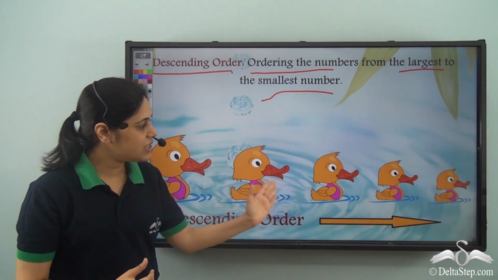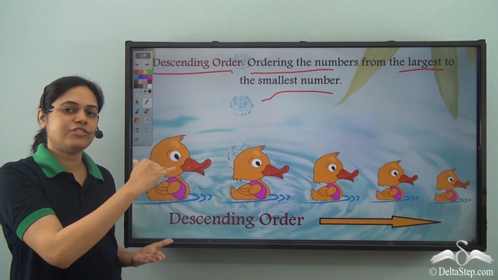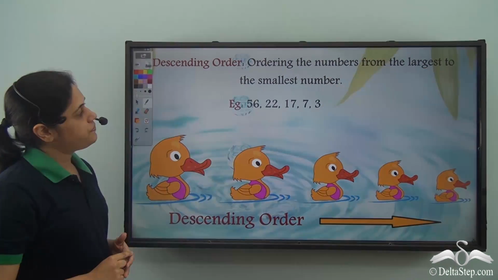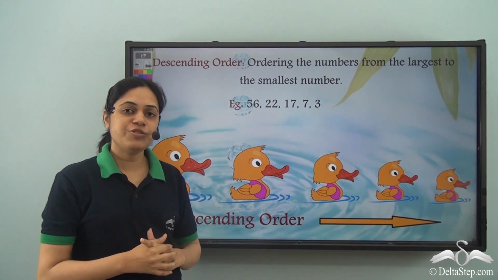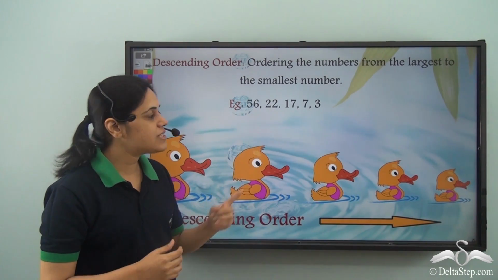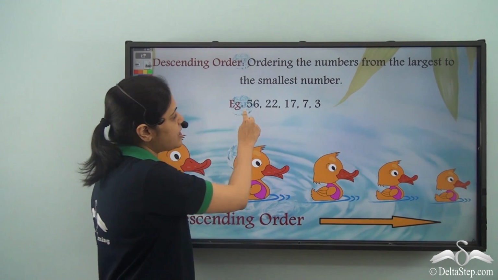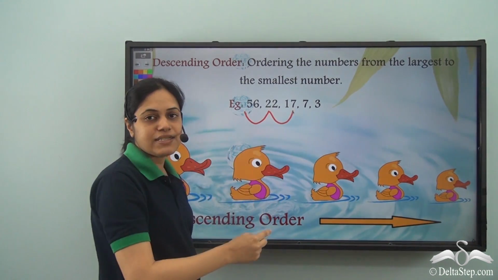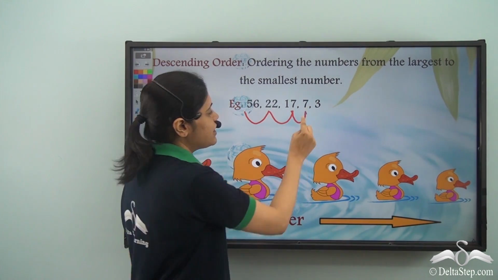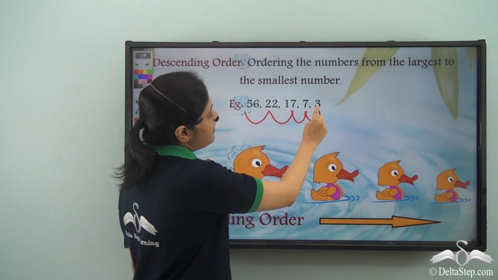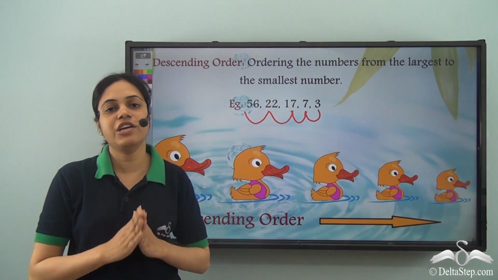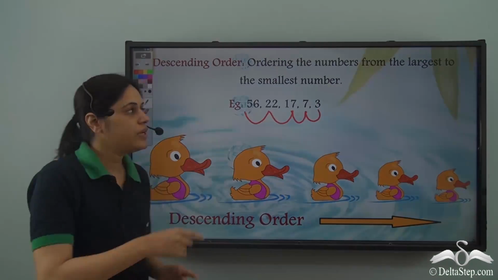Like, see, these ducks arranged from the largest to the smallest duck. So, 56 is bigger than 22, 22 is bigger than 17, 17 is bigger than 7, and 7 is bigger than 3. So, these are the numbers arranged in descending order.